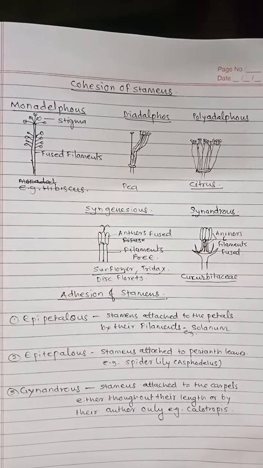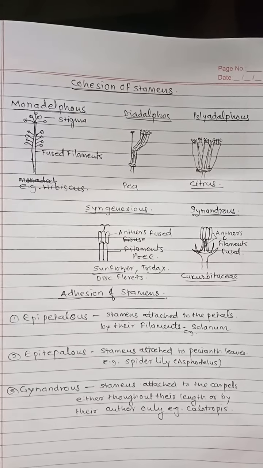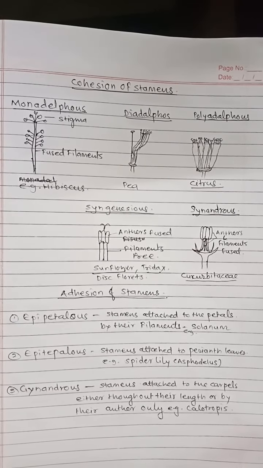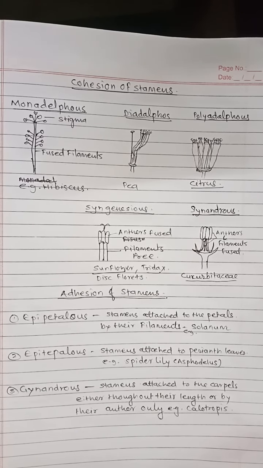Then the cohesion of stamen. In this there are five terminologies: monoadelphous, diadelphous, polyadelphous, syngenesious and synandrous.